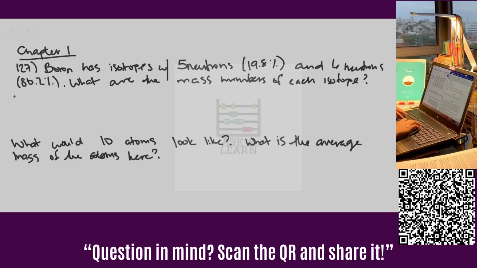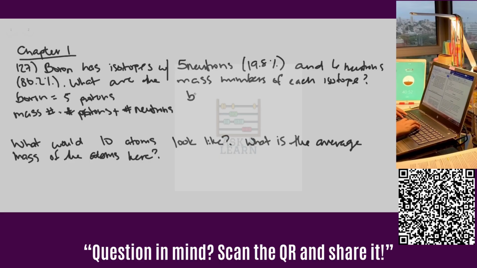Boron, if you look at the periodic table, has an atomic number of 5, which means that there are 5 protons in the nucleus of this atom. Remember that the mass number is the number of protons and the number of neutrons summed up.